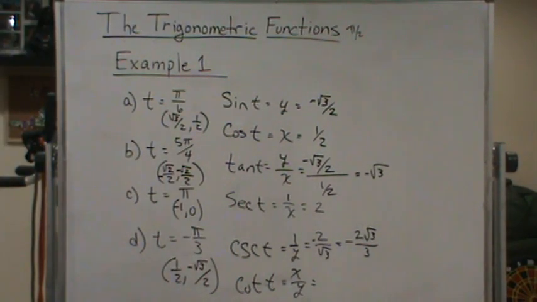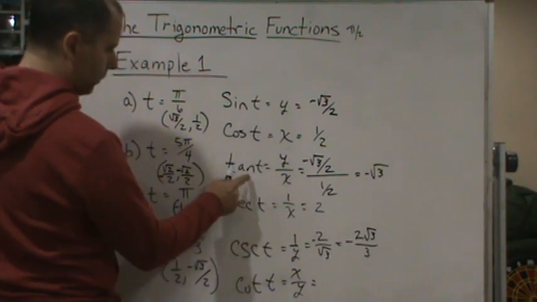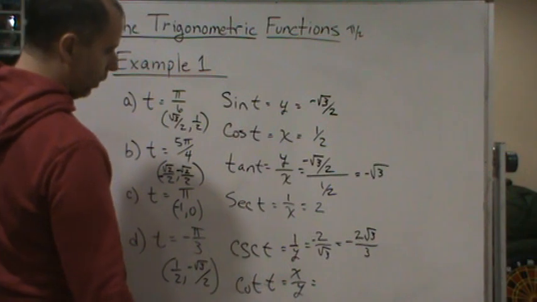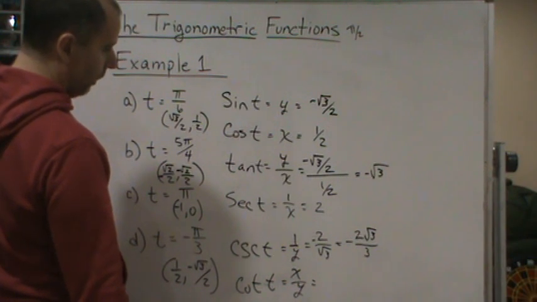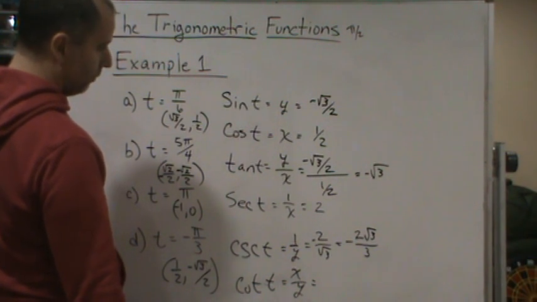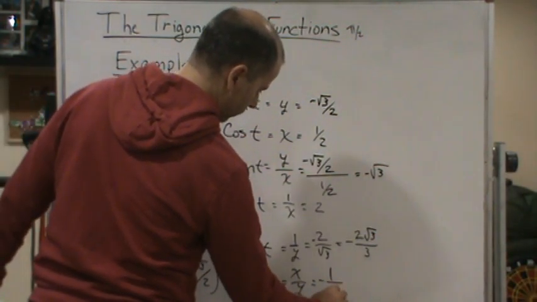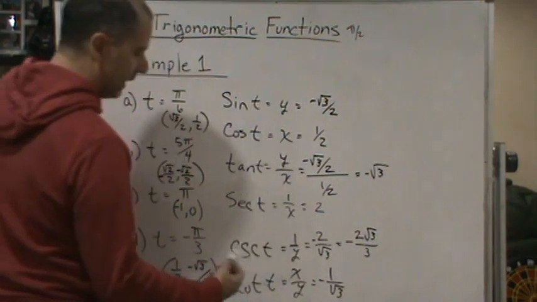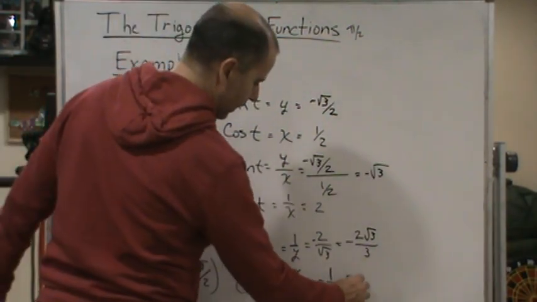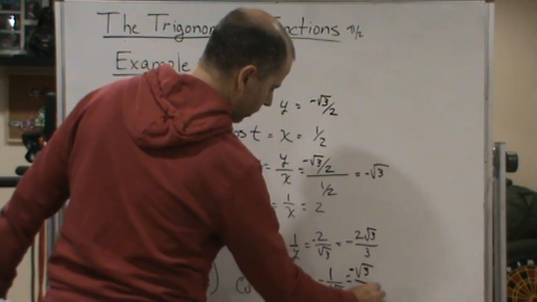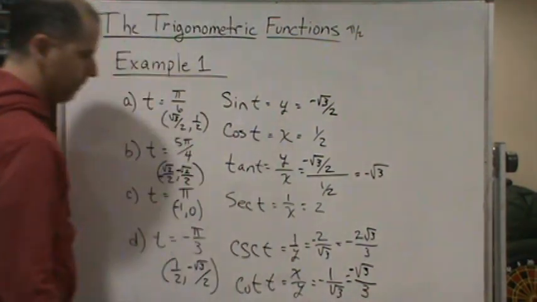And so that's going to be our answer for that one. And then cotangent is the reciprocal of tangent, right? So in this case, what are we going to get? We're going to get, well, the reciprocal of that one. So it's going to be negative 1 over the square root of 3. But again, we can't leave it that way. We've got to rationalize it. So our final answer is going to be negative root 3 over 3.